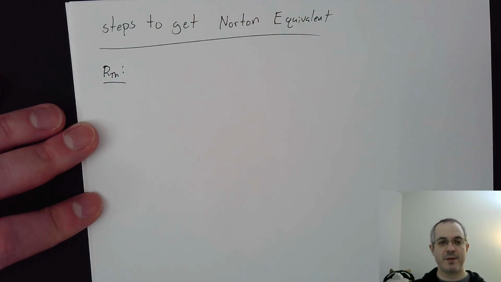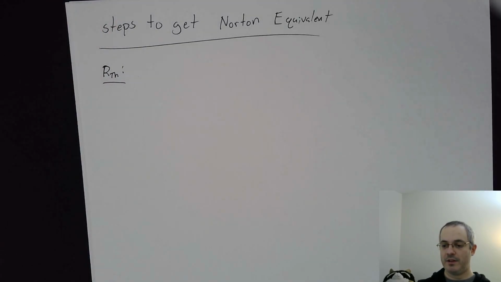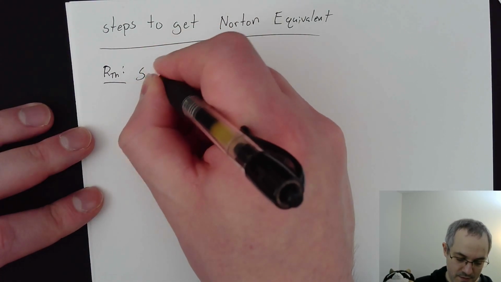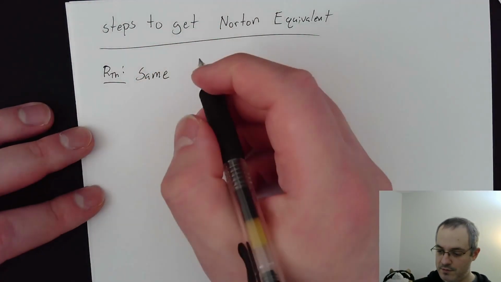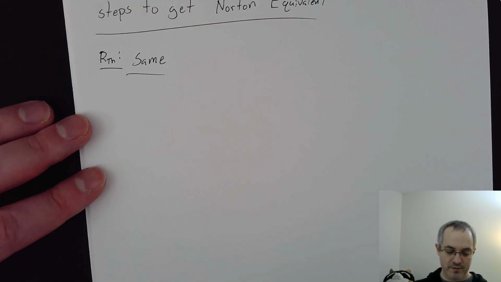Obviously one of the steps would be to get the Thevenin equivalent and then use source transformation to equivalentize those two together. But if you want to go straight for Norton, you can do that too. You can get the resistance the same way.